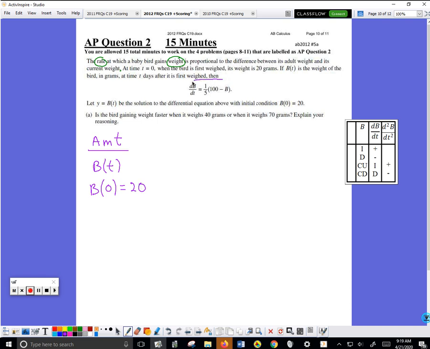Then they give me this formula, that's my rate. That's dB dt. So the rate is dB dt.